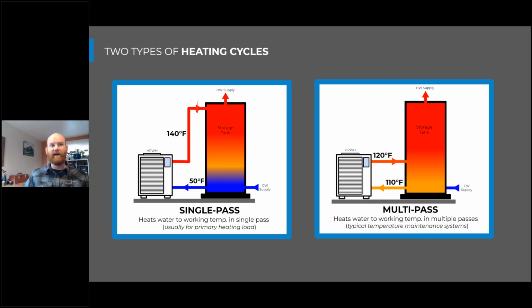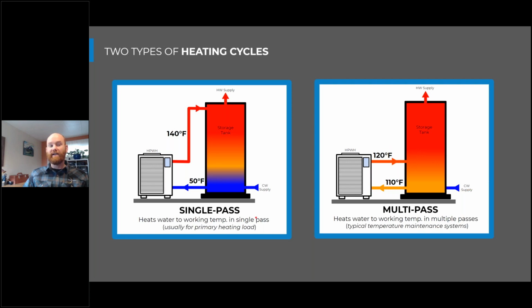And in our single pass example, it's high in the tank. And that's really important, and one of the things we'll discuss in some of our deeper dive webinars, because when we get water coming in at 60, it's going to be going out at 70. And we do not want to put 70 degree water at the top of our tank. Otherwise, we're going to have complaints from our occupants in the building.